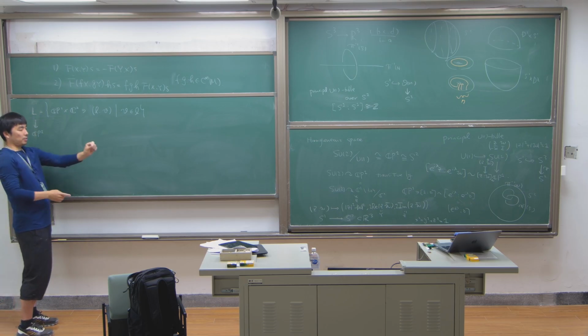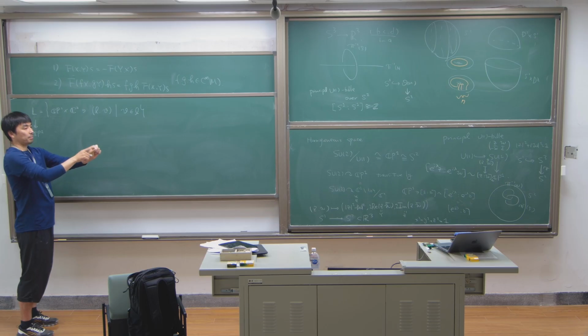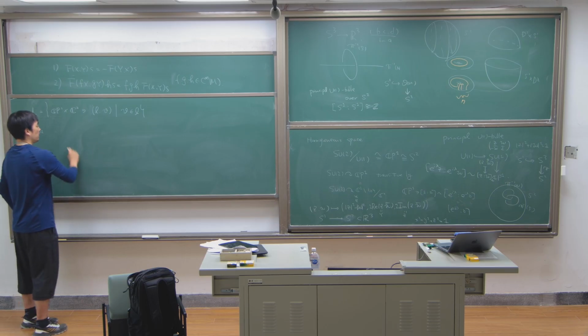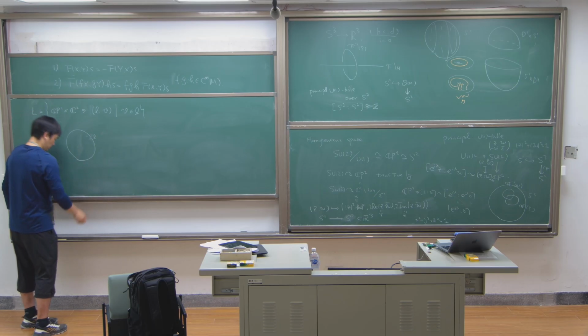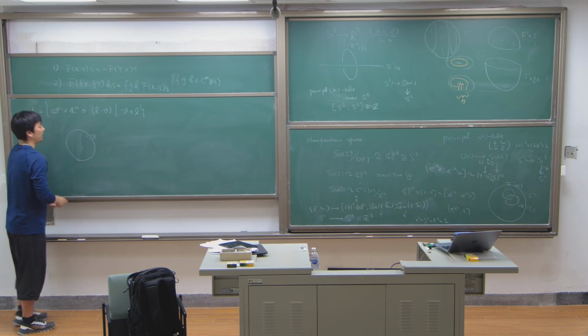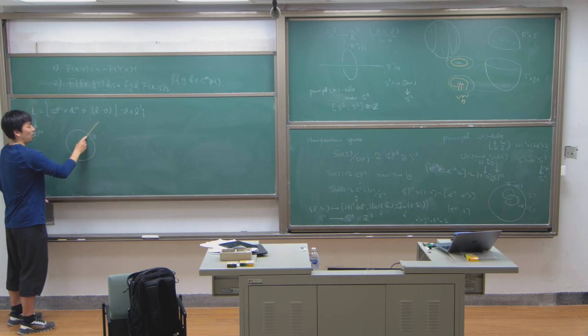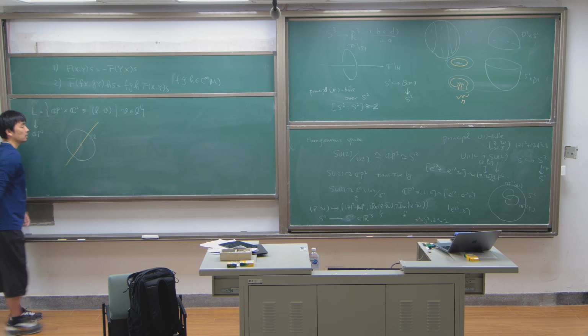And then given a point in CP1, you just take the line that lies on it. That is the topological bundle.